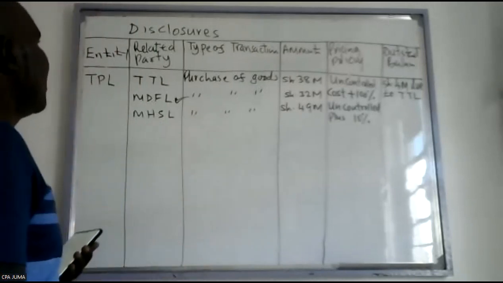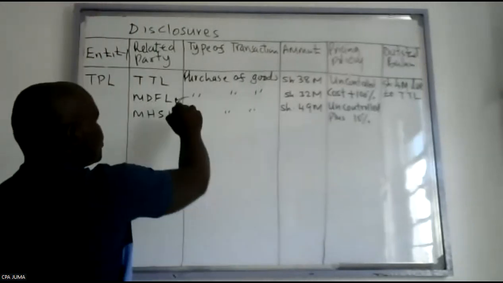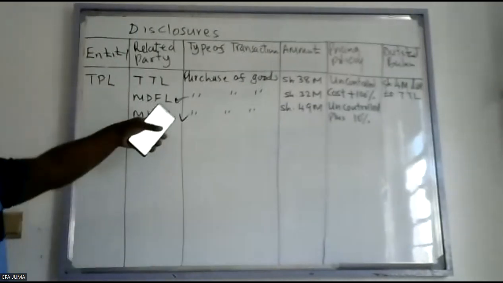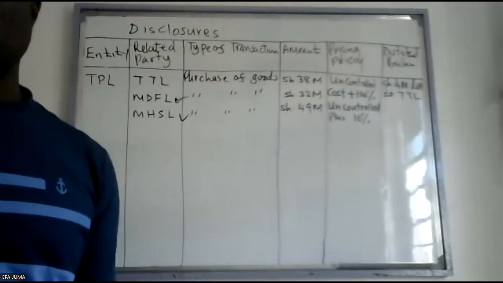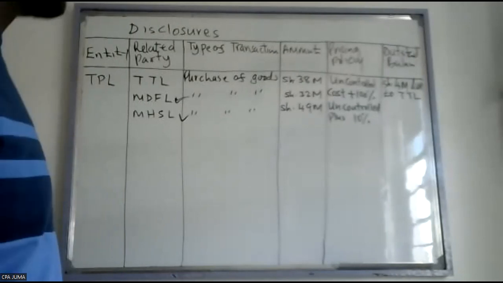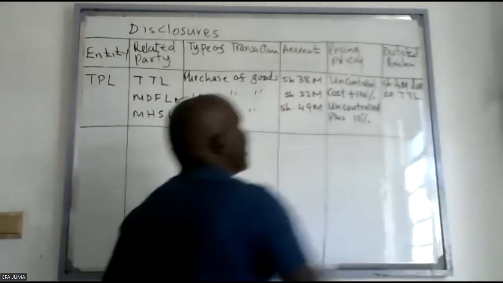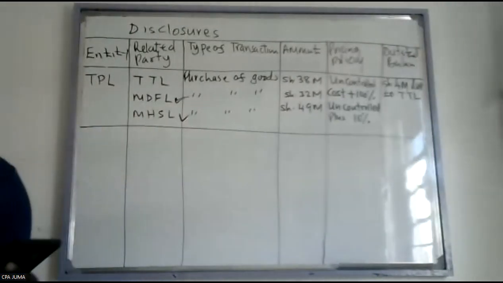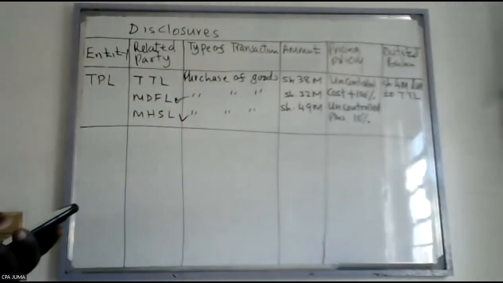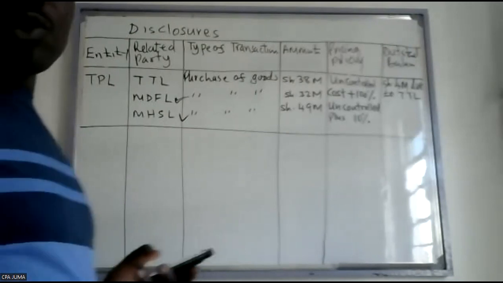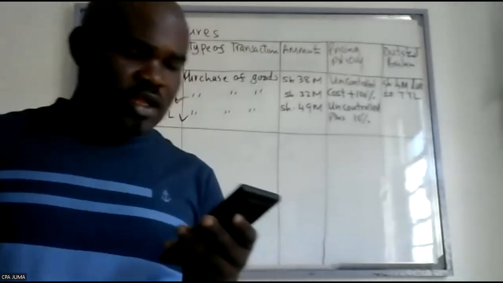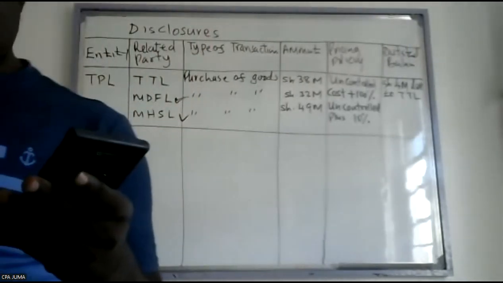All of them are due to. So 5 million due to MHSL. So that disclosure is done. In the books of TPL, those were the disclosures you are supposed to make. Let's go to the next one.